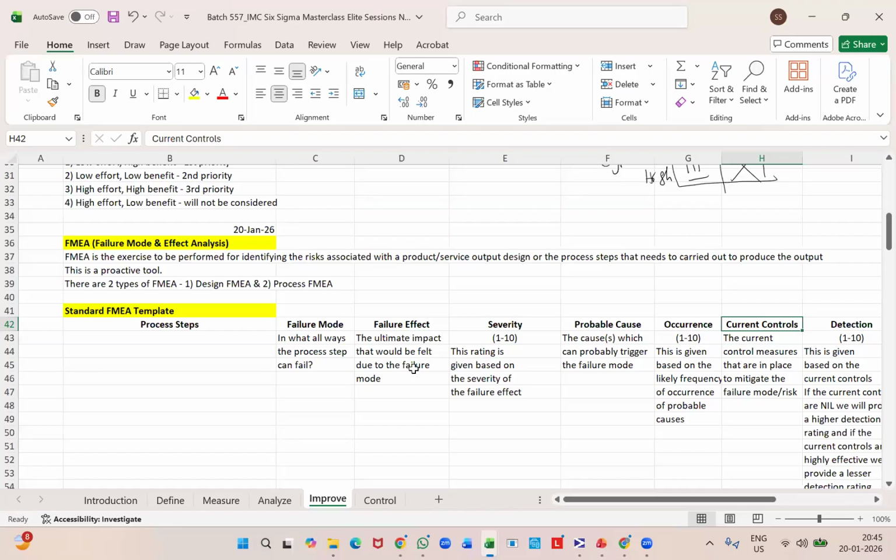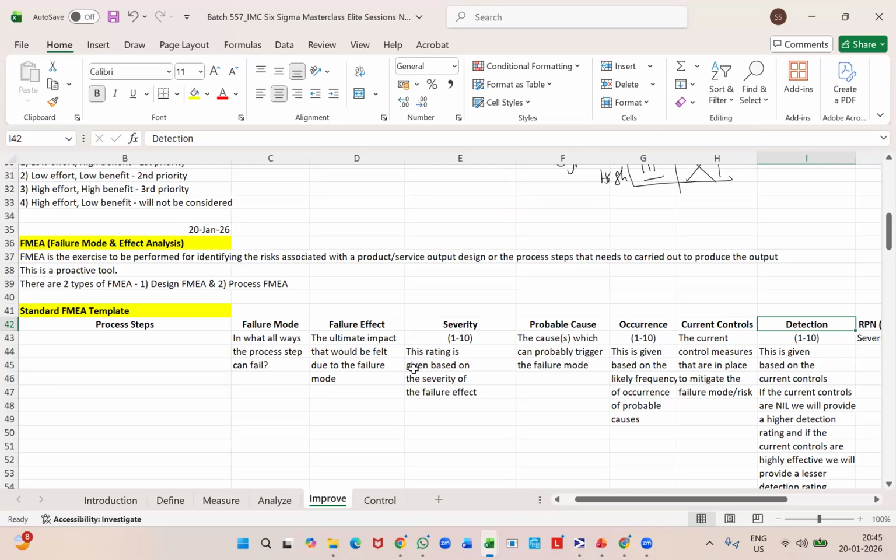And for these current controls, I will provide a rating called detection rating, again in the scale of 1 to 10. So if the current controls are not there at all, the current controls are not evident, right? Then I will provide a higher detection rating. But if the current controls are quite effective, then in that case, I will give a lesser detection rating.